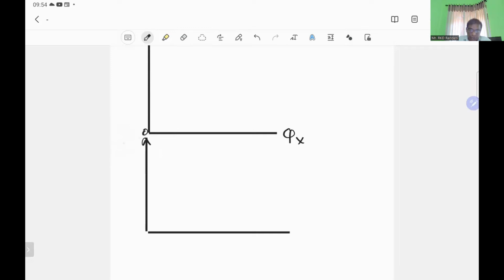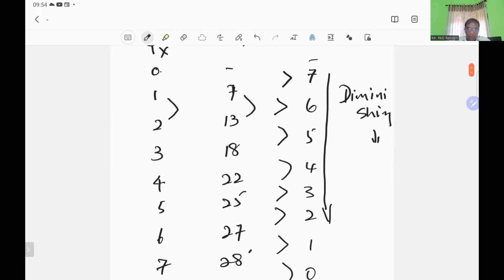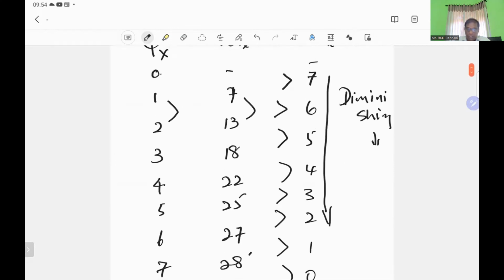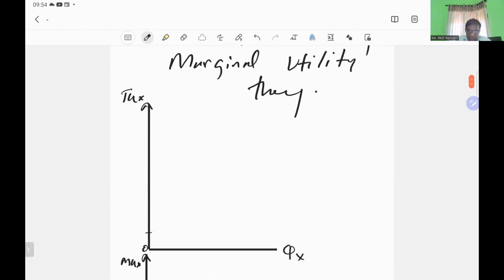Here marginal utility of x is 0, here quantity x. Now according to the data, quantity is 1, 2, 3 like that, with utility 7, 13, and the highest number is 28. You can get any measurement, then 5, 10, 15, 20, 25, 30 like that.